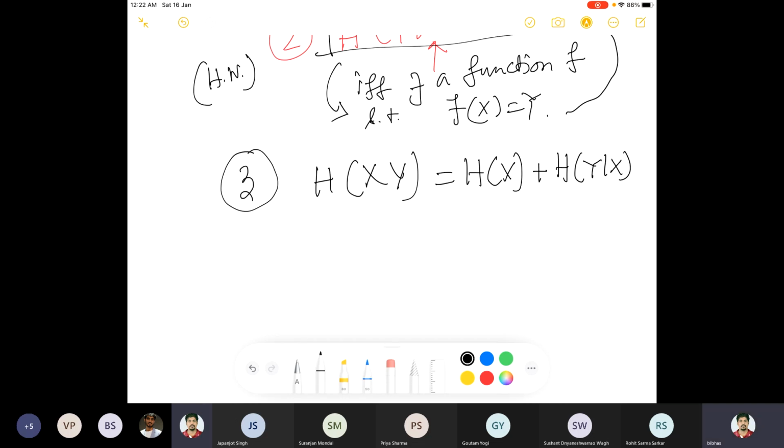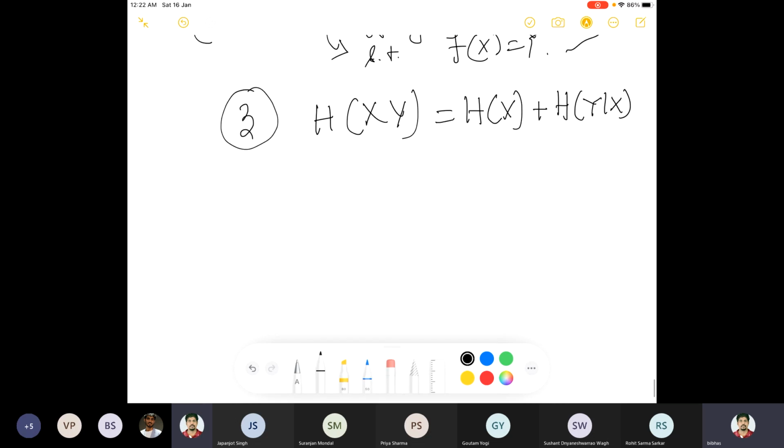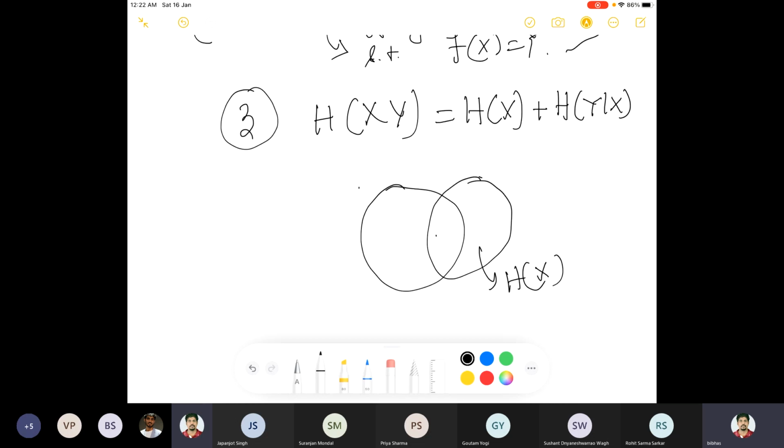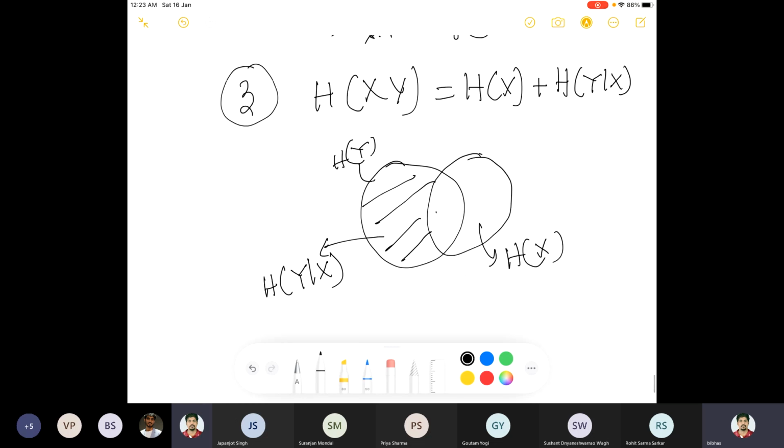In fact, if you want to see a picture, let's say this is H(X), the amount of information about X, and this is the amount of information about Y. Then this particular region can be said to be the entropy of Y given X. Then this makes sense.